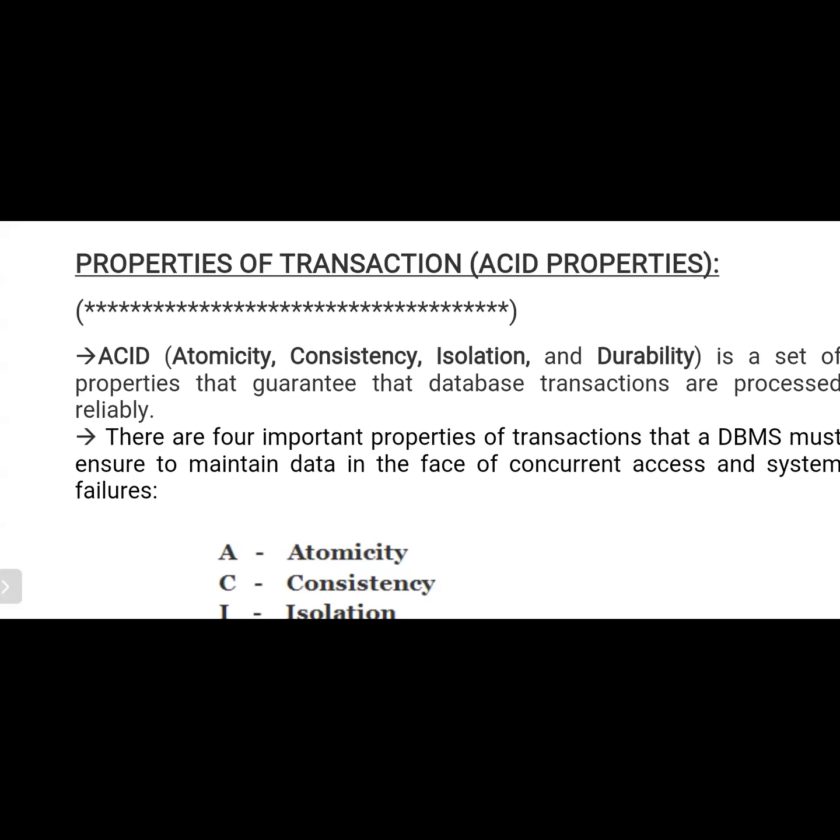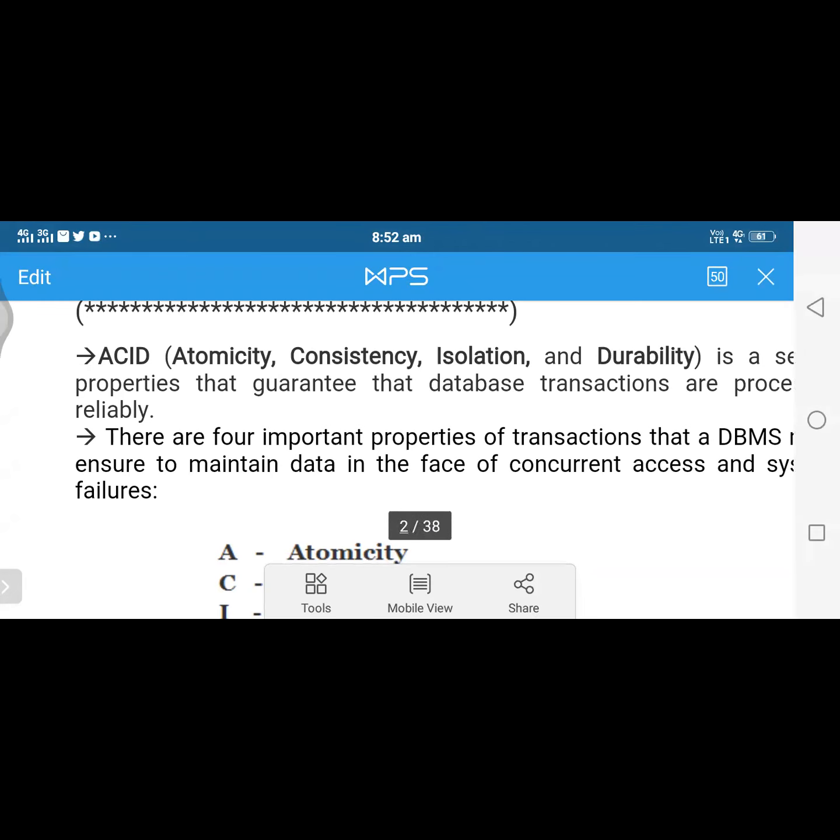If you maintain the paper in this manner, and attempt the questions in the same order... For example, some persons write 5A on one side and 5B on the last side, and 4B on one side and 4C on the first page.